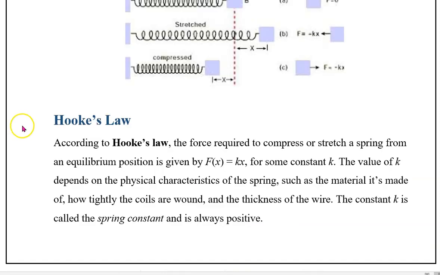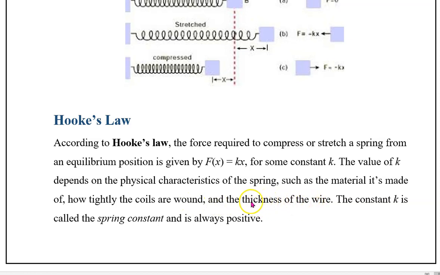Let's talk now about Hooke's law. Hooke's law is the force required to compress or stretch the spring from its equilibrium position. It's given by f of x equal to kx for some constant k. K is called the spring constant, and it depends on physical characteristics of the spring, such as the material that the spring is made out of, how tightly the coils are wound, the radius, and the thickness of the wire.